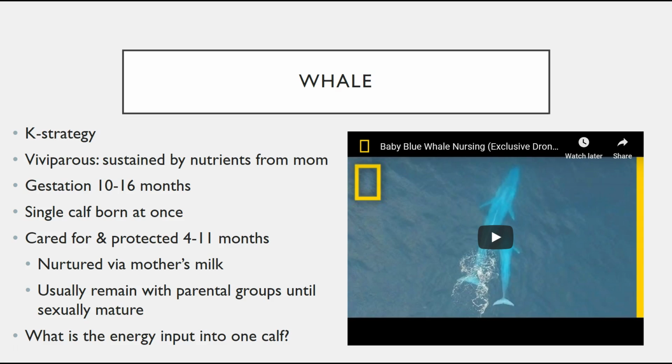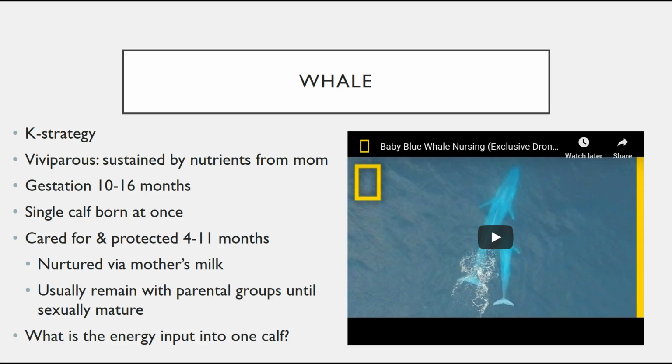They are taught by the pod, protected by the pod, and directly nourished by the mother via mother's milk. A lot of times, whales will stay with their parent groups or pods until they're sexually mature, so until they're adults.